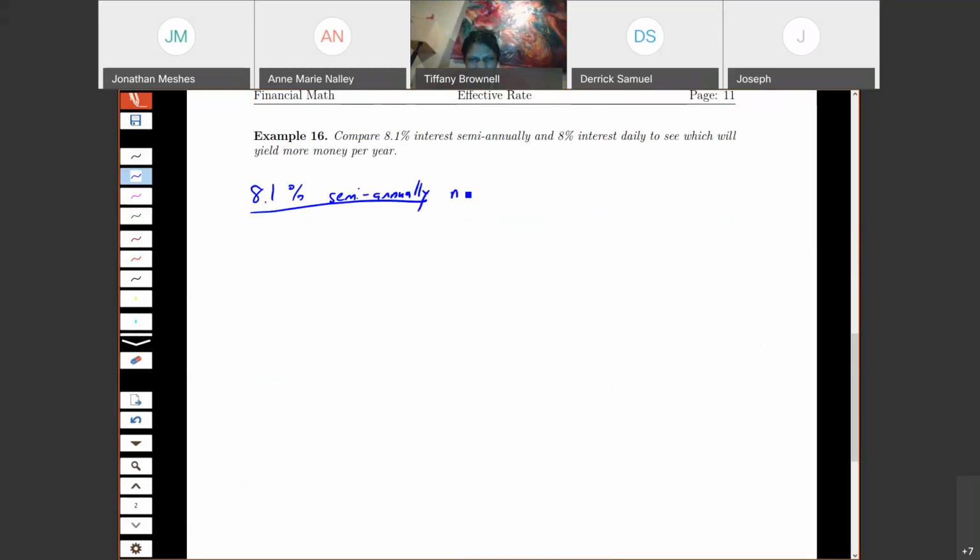So here the n is going to be equal to 2. For the daily, we'll just always use 365 for the number of days in the year. I know that there are leap years sometimes, but we won't worry about that for this class. 2021 is not a leap year anyway, so here we go.